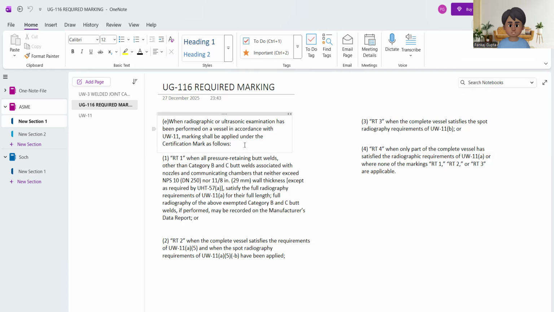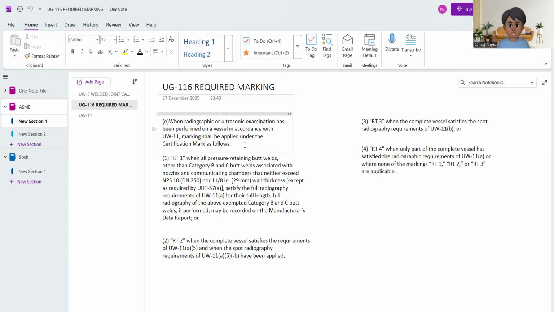So, whenever we are performing radiography or ultrasonic, UW11 gives the guidelines for the requirement of radiography: how much radiography, the extent of radiography, whether it is full radiography, spot radiography, this kind of information.